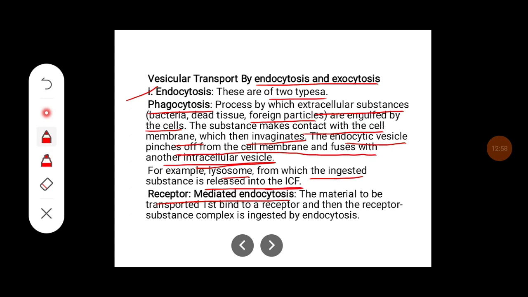There can be receptor mediated endocytosis, where the material to be transported first binds to the receptor and then the receptor substance complex is ingested by endocytosis. The example for receptor mediated endocytosis is clathrin mediated endocytosis.